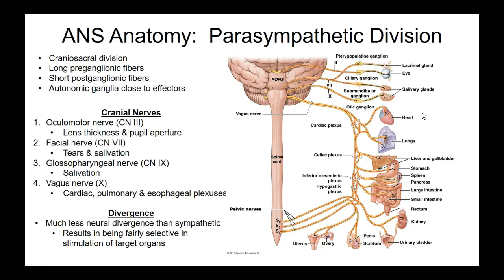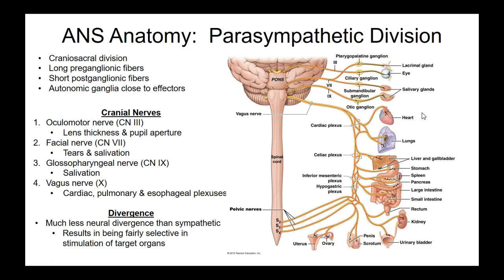Now, something called divergence. So think about if you're going from A to B, right? If you are almost all the way to B, there's not too many more options to get to B. You're almost there already. Right? That's something similar here with what we call divergence. So here, there's less divergence in the sympathetic. Why?